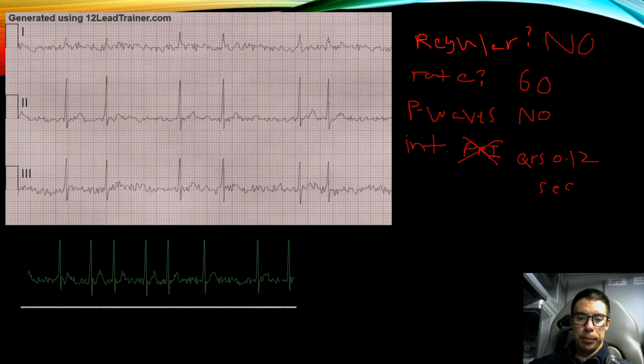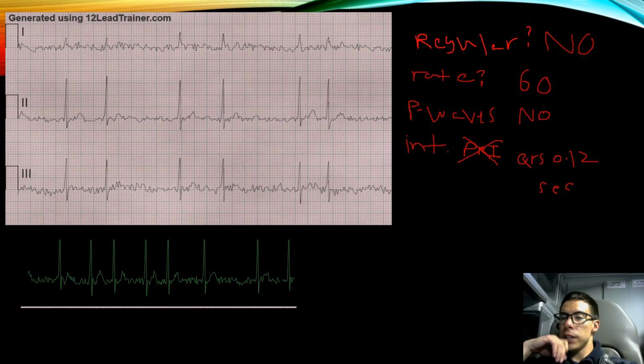All right, and now we can name the rhythm, because when we checked for P waves, we checked to see if there were extra or missing ones, and then had there been ones present, we would have checked to see if they're sinus in nature, but we don't have any, so all that stuff we don't do.